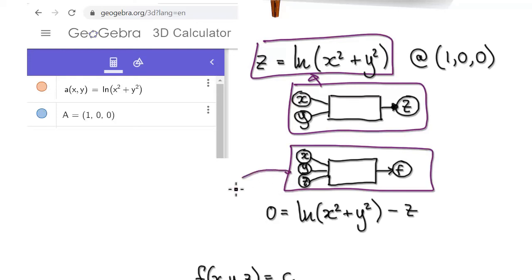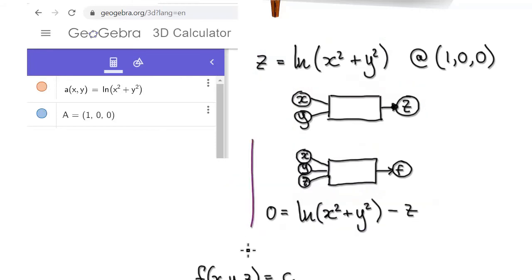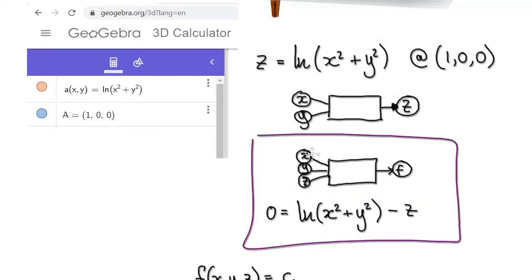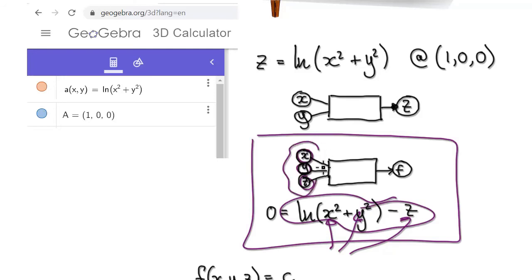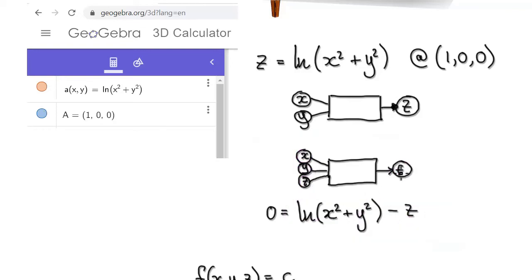So this diagram can represent this, because if you look at this thing here, we input 3 variables, x, y and z. I can do whatever I want over here, and then it will spit out an f, where in our case the value of f is precisely 0.